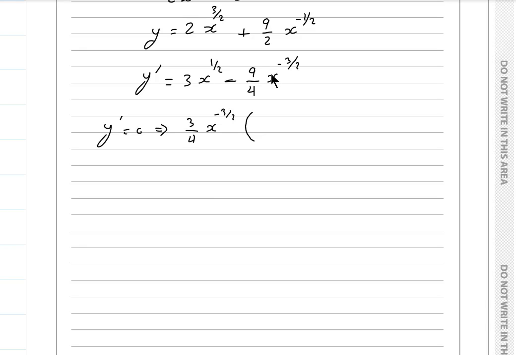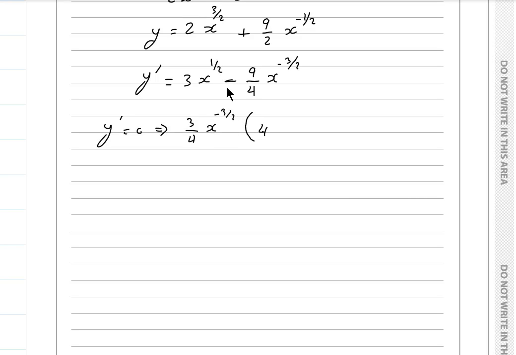Now we will divide 3x to the power half by 3 over 4 x to the power minus 3 over 2. 3 will cancel 3, and down, down, up, it will be 4. x to the power half divided by x to the power minus 3 over 2.